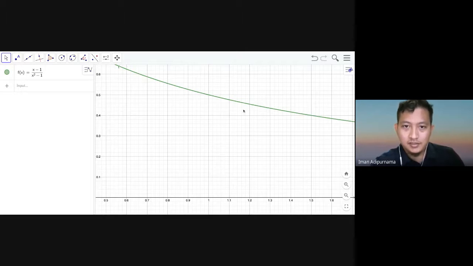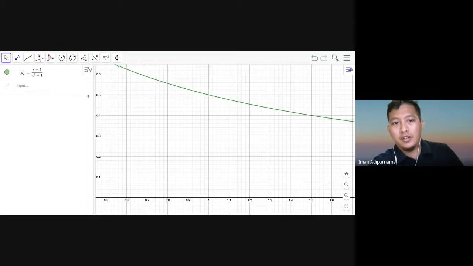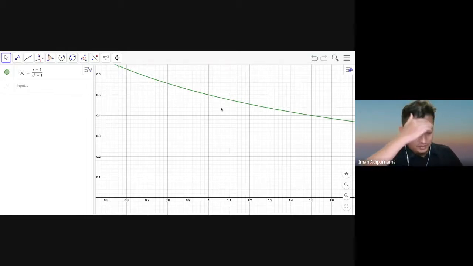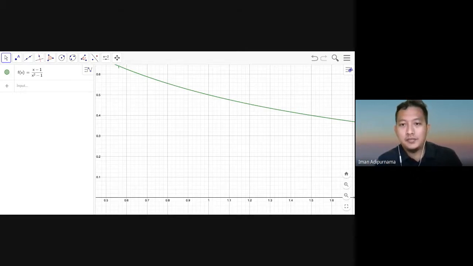What does it mean? Which one is wrong, our function or GeoGebra? It seems weird, right? Because we know that it should be undefined. There shouldn't be any line, right?